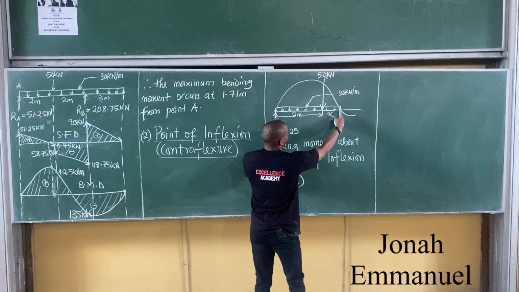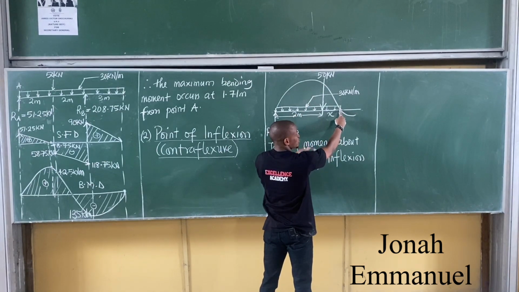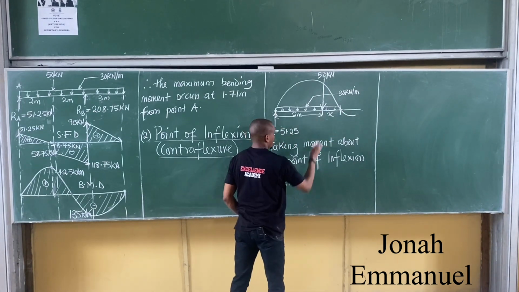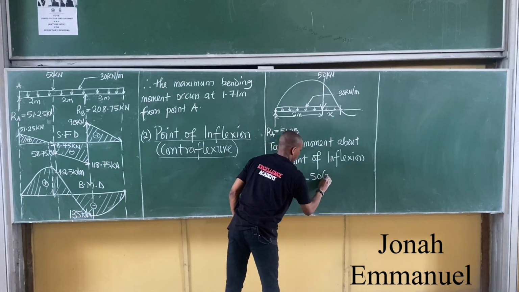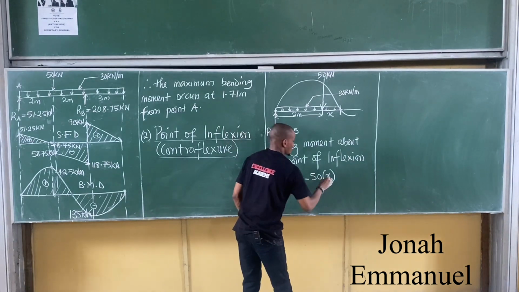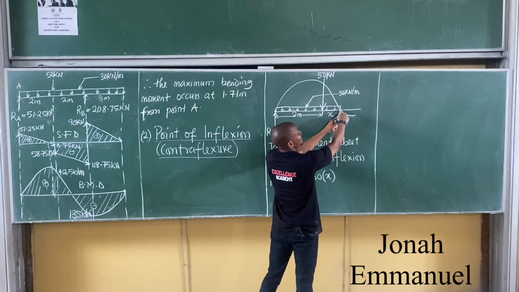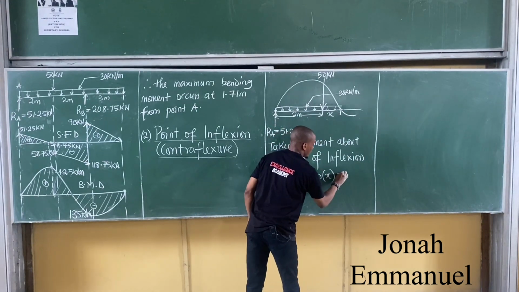Next up, I have 50 coming like this. Clockwise or anti-clockwise? Negative. Minus 50, distance x. Finally, you can see UDL. Because UDL is coming down, is it clockwise or anti-clockwise? Anti-clockwise, so negative.